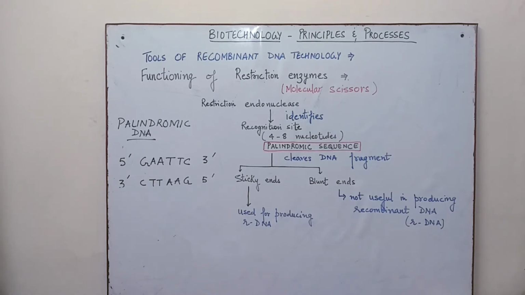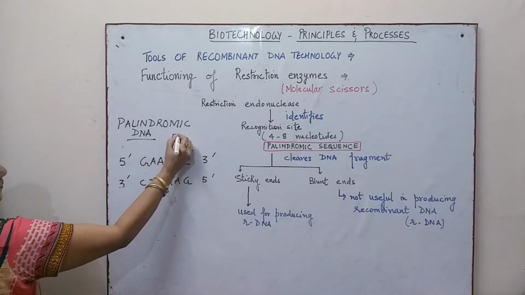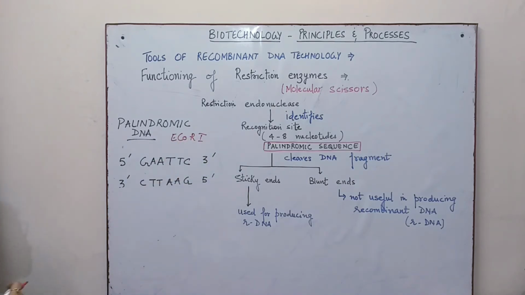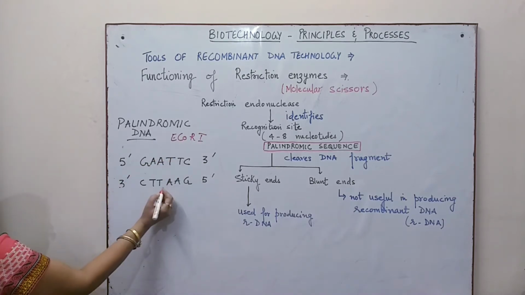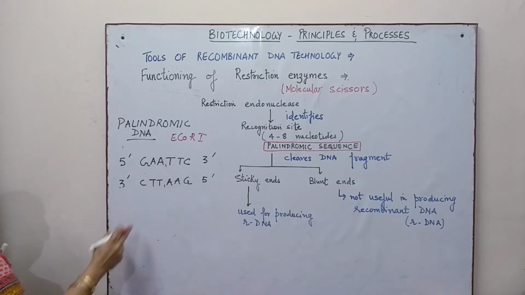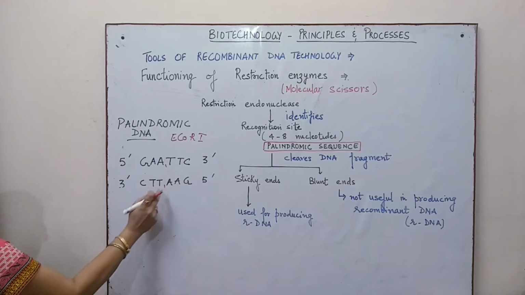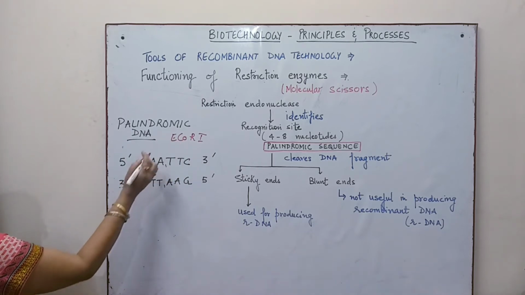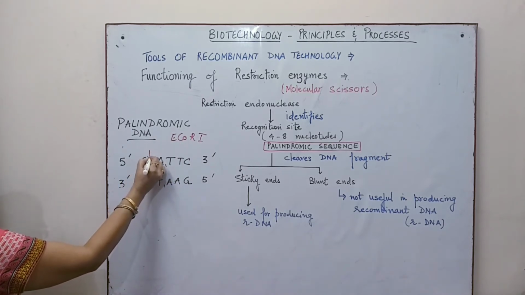If we take, for example, EcoR1, that is the enzyme which is used for creating the DNA fragments. This is the center of the palindromic sequence, but this enzyme will cut it slightly away from here.